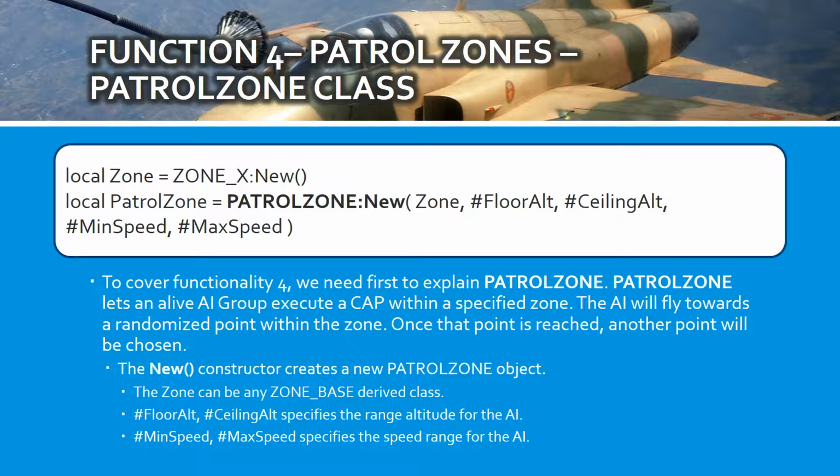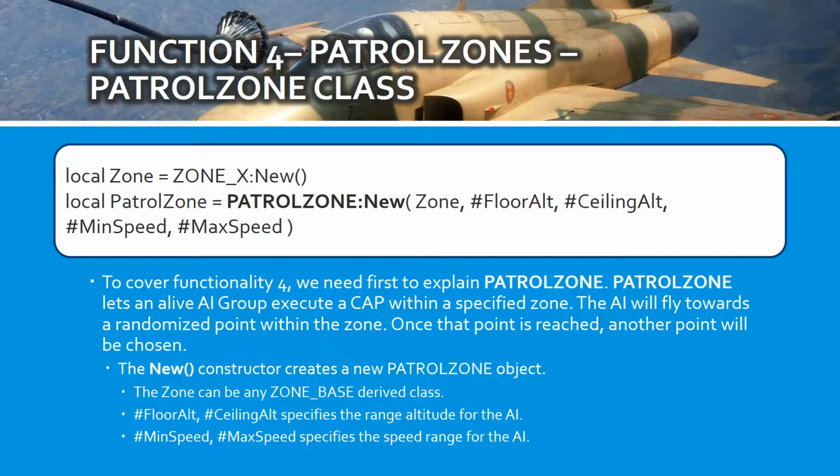The AI will fly towards a randomized point within the zone, and once that point is reached, another point will be chosen, and it will continuously keep flying to those points within the zone until it runs out of fuel, and then it will return for landing.